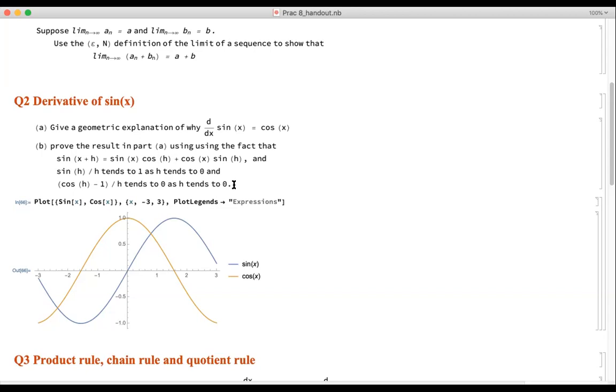And for the next part, prove the result in part A using the trigonometric identity you have been given, and then there are two limits that you need to use. Can you guys try that?